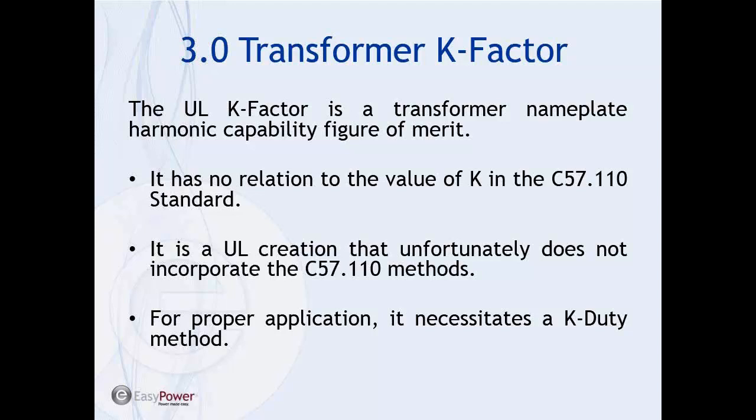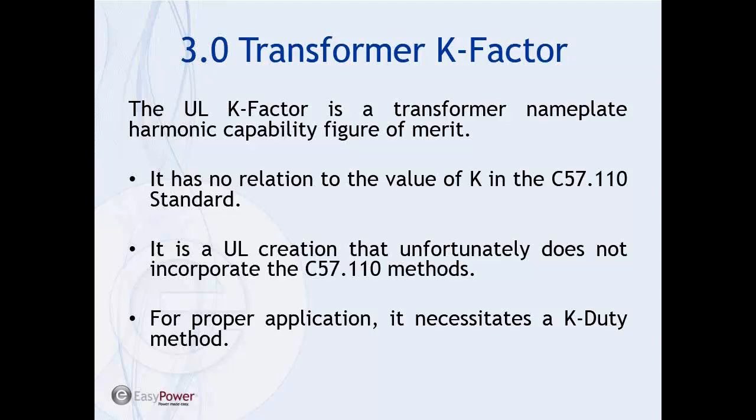So there's this value of K in the standard, and it has nothing to do with the equation, the summing of harmonic current squared times the harmonic squared. Just understand that. If you go looking in the standard and you find K, it has no relation. It's a UL creation that unfortunately does not incorporate C57-110 methods at all, really, even though it kind of has a resemblance to it, and we'll see that on the next slide.